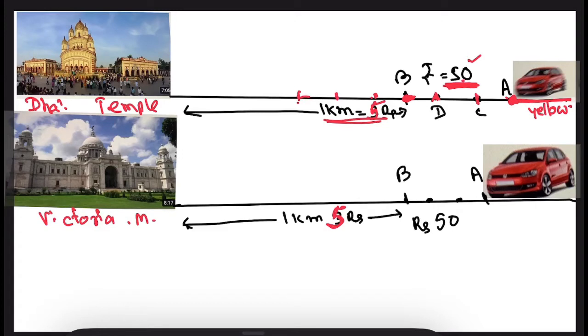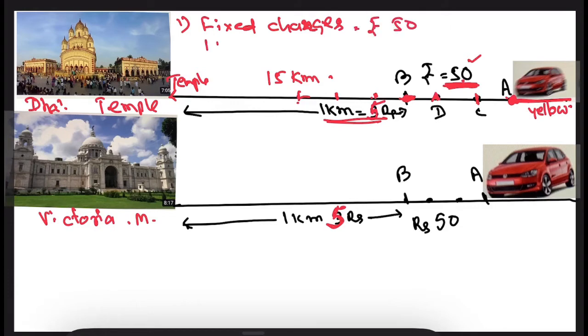Like that you travel, suppose you came over here. The distance from B to the temple, let us say, is 15 kilometers. What is his fixed charge? In this case, the fixed charge equals 50 rupees.